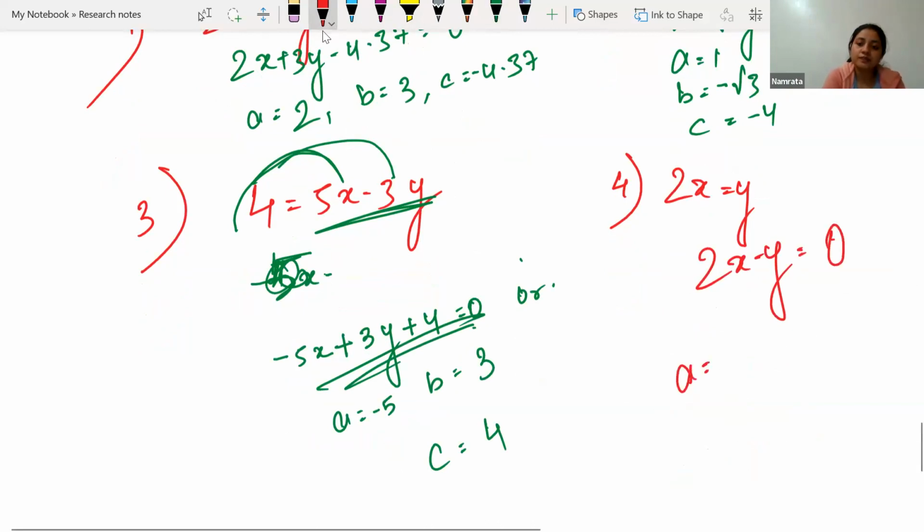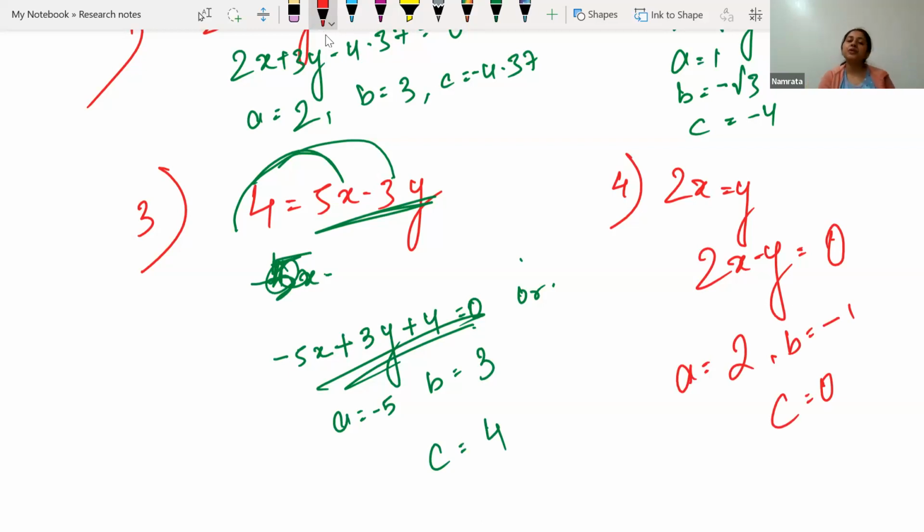A value 2, B value minus 1, C value 0. Perfect. So this is how we will write the given linear equation in two variables in the form ax plus by plus c is equal to 0.